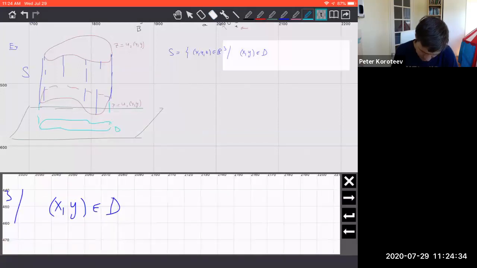And that z is bounded between u1 of x, y and u2 of x, y.